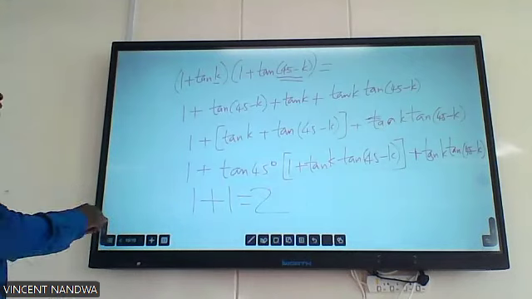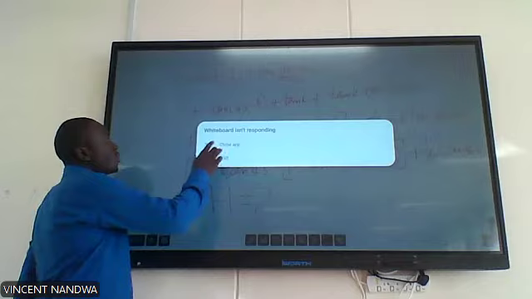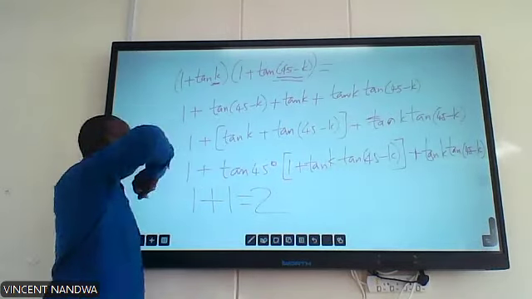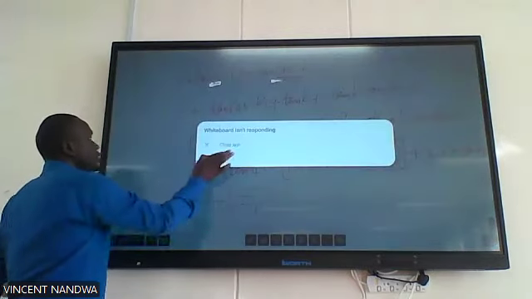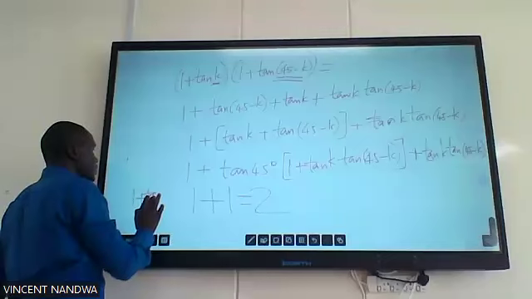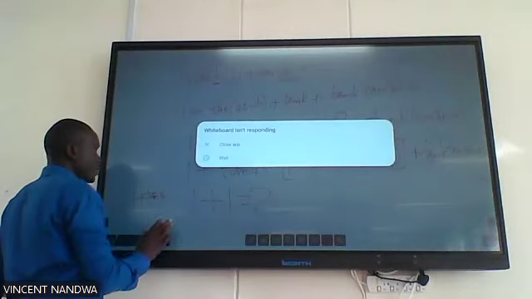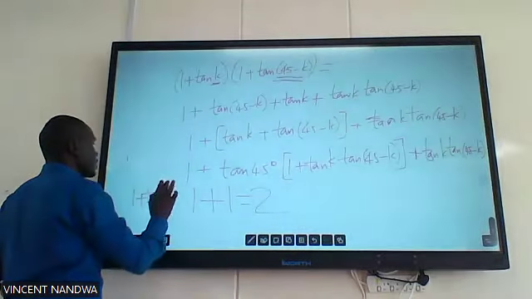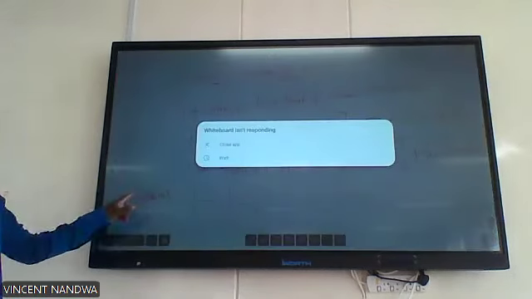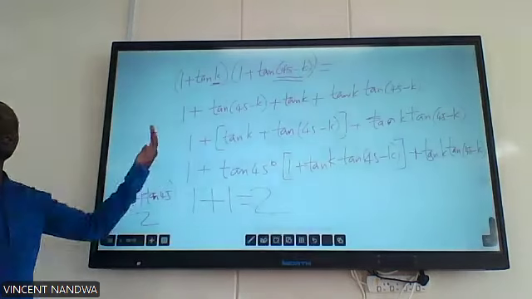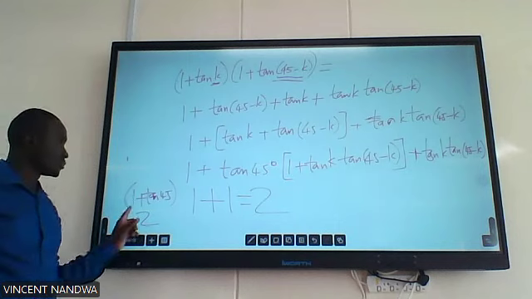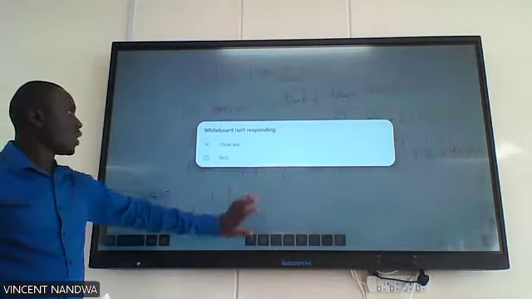The last bracket, 1 plus tan of 45, is 2 by default because tan 45 is 1. So the 44 brackets remaining give 22 pairs, and 22 plus 1 is 23.